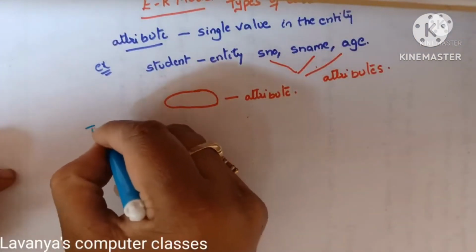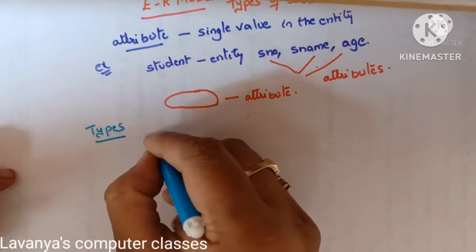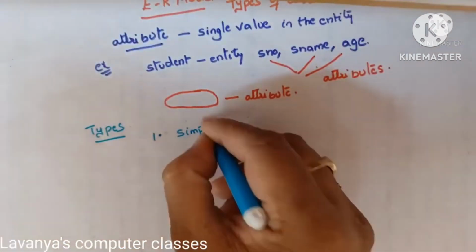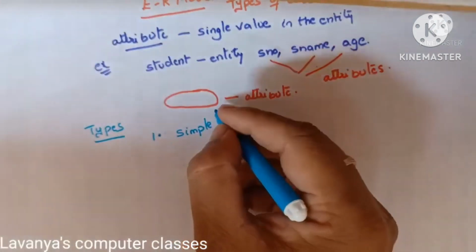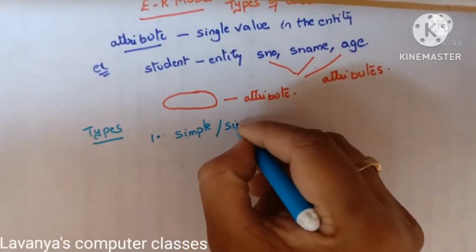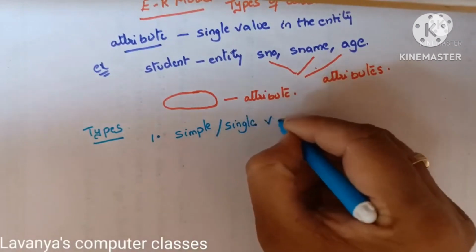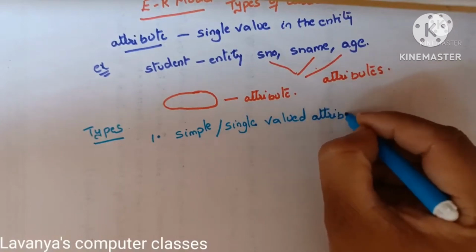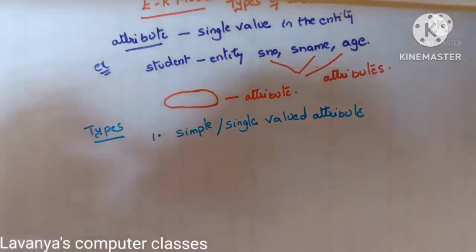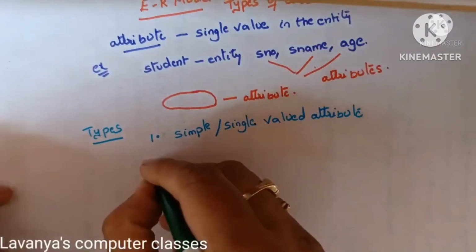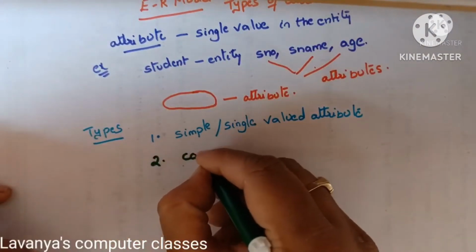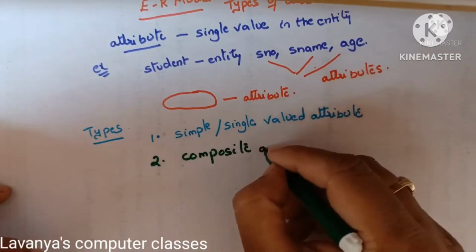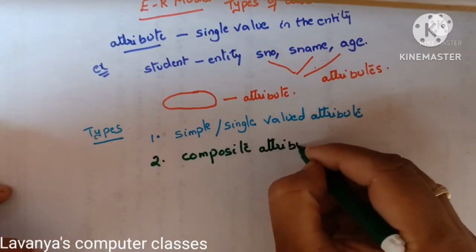Now we will go for what are the different types of attributes available in the ER model. First one is simple or single valued attribute.